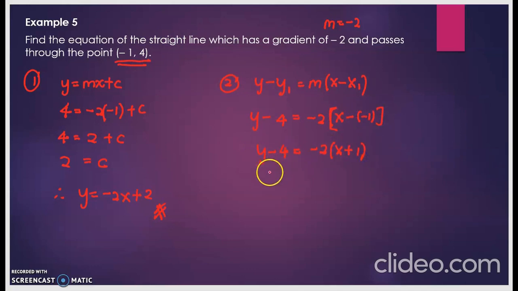Negative becomes positive. I try to expand: -2 times x, -2 times 1. So -2x minus 2. So finally, y is equal to -2x minus 2 plus 4, because I moved -4 to the right hand side. So here it becomes y is equal to -2x plus 2.